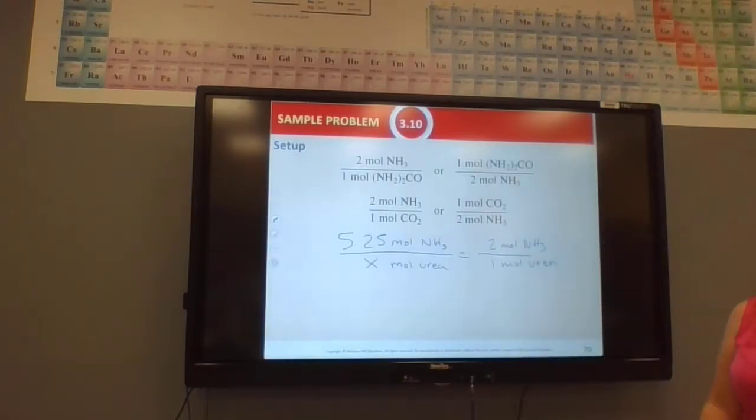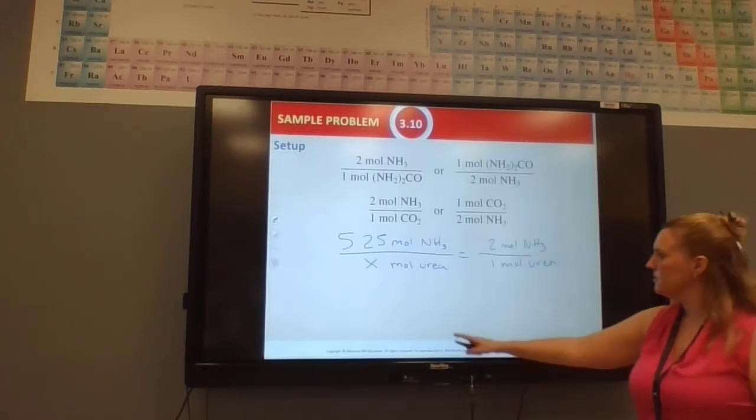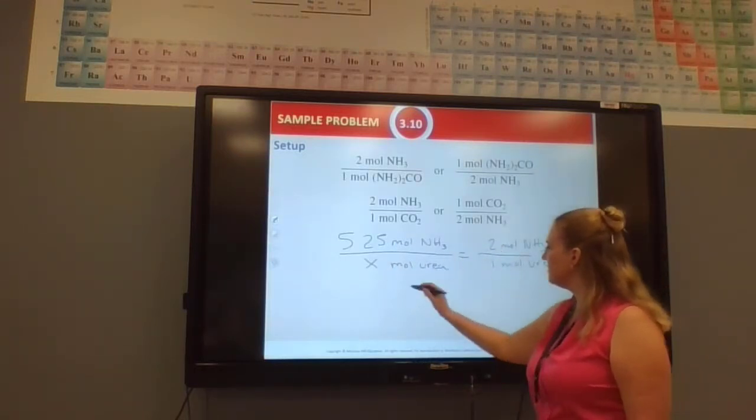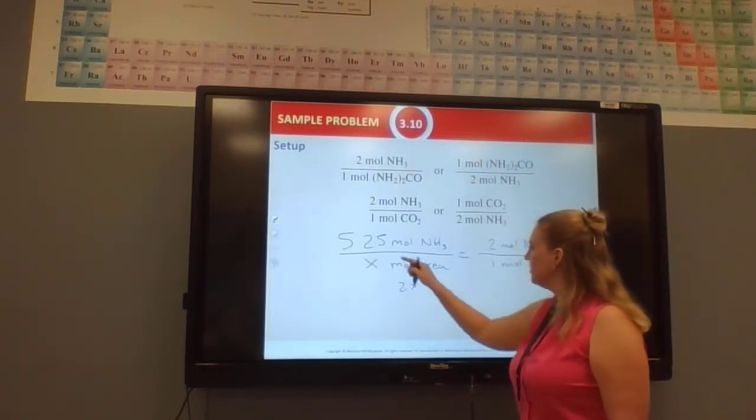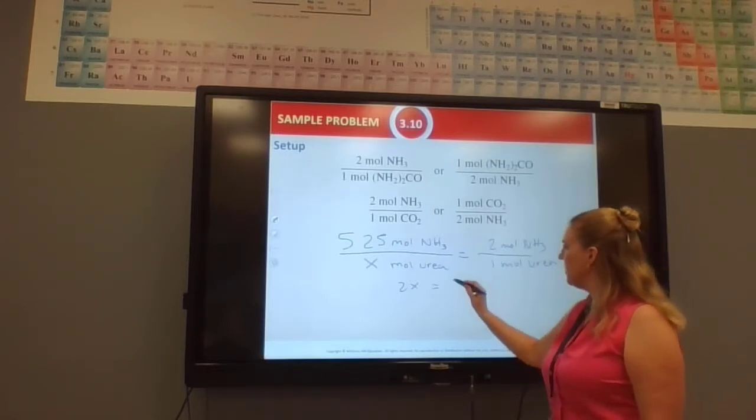So if you cross multiply, you get 2x is equal to 5.25 times 1.